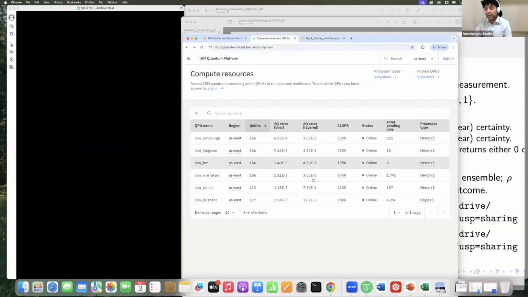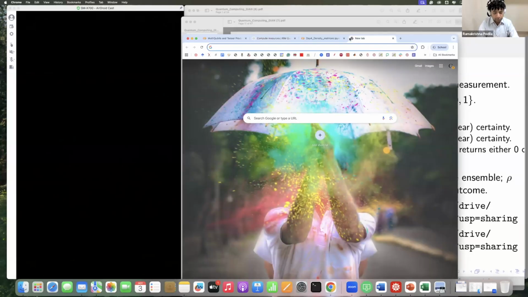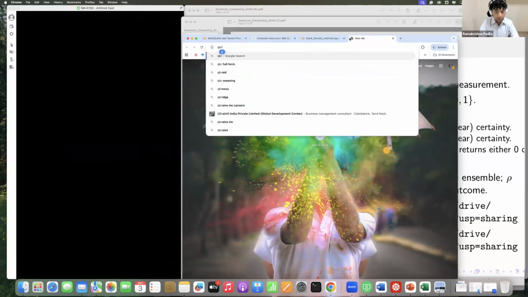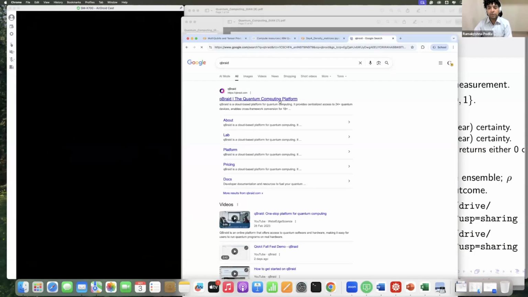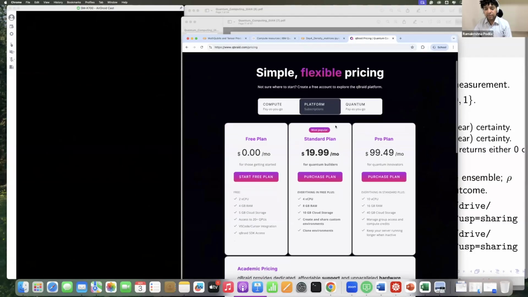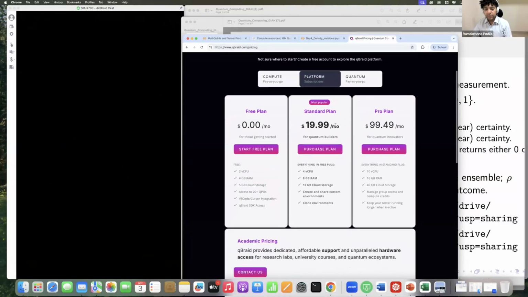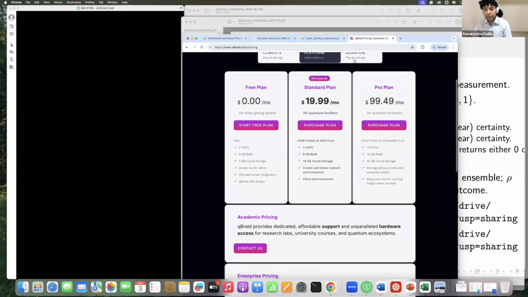But if you pay, there is also another platform. This is only IBM quantum computers, but you can also go to Qbraid. This one also has a quantum computing platform, and you can see the pricing here. This is only giving you CPUs.